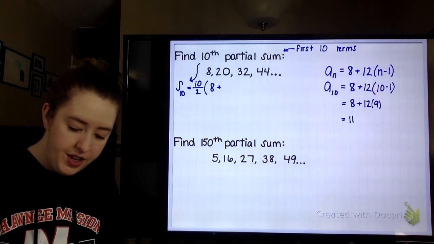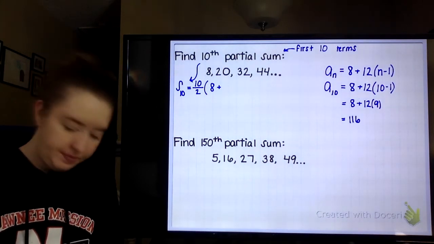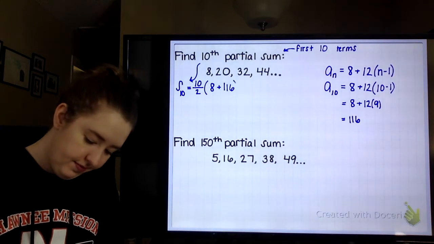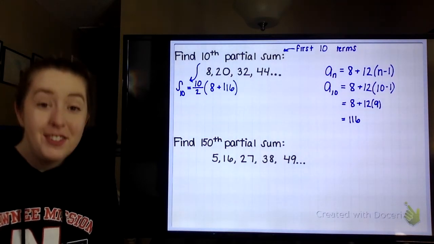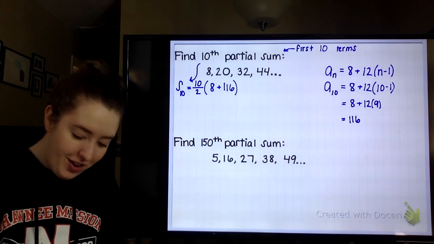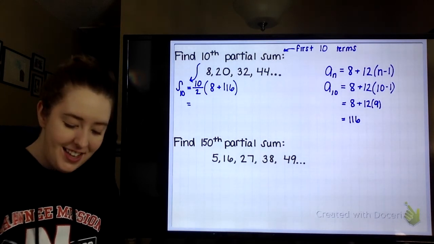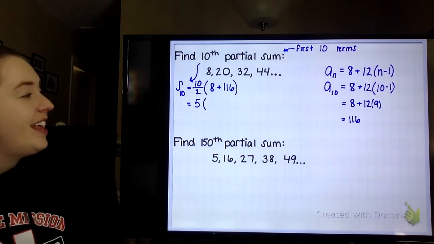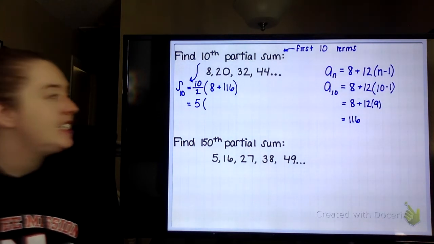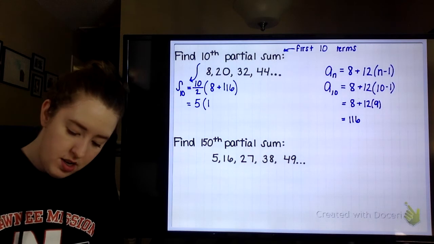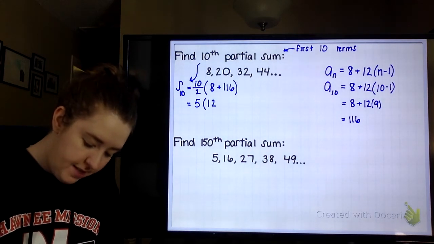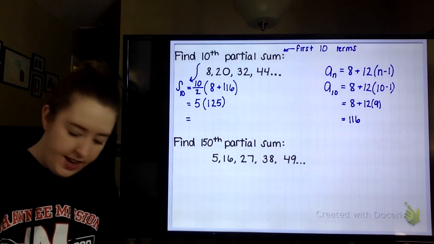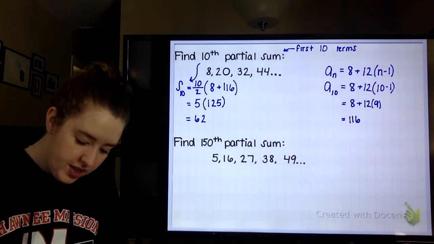That's going to leave me with 116. Good deal. So now I can go through and solve and say that 10 divided by 2 is 5 times, and then 8 plus 116 is 124. And then 5 times 124 gives me 620.